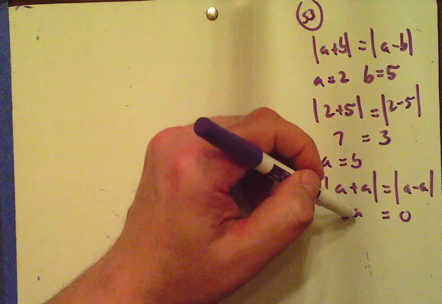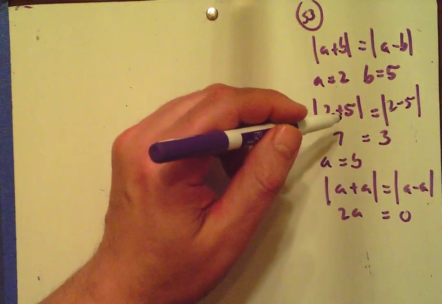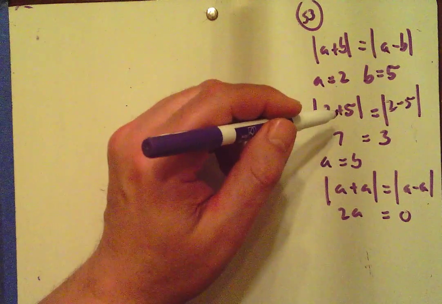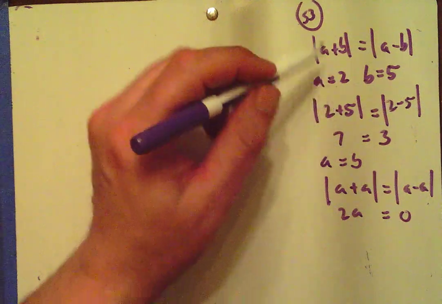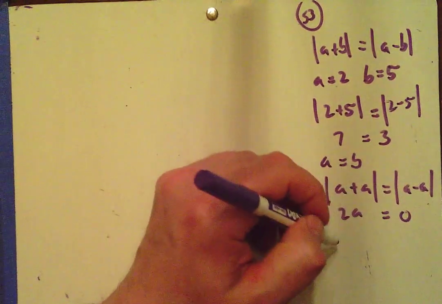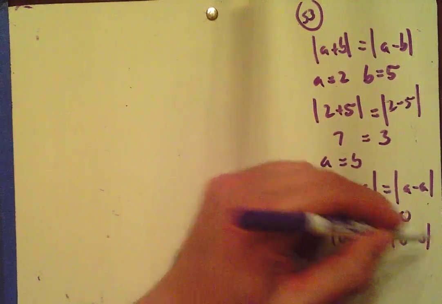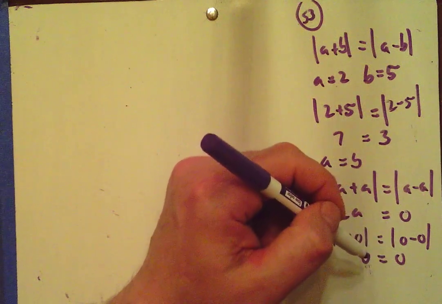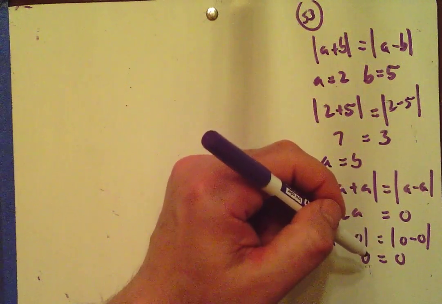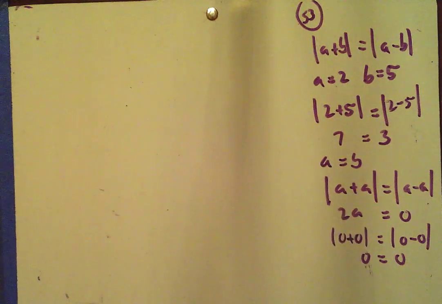Oh, you know, unless A was equal to 0, what if both of these numbers are equal to 0? If both of the numbers are equal to 0, would it work? Well, we'd have 0 plus 0 equals 0 minus 0. Hey, 0 equals 0. That looks good. That's the one we just talked about, where they both had to be 0.